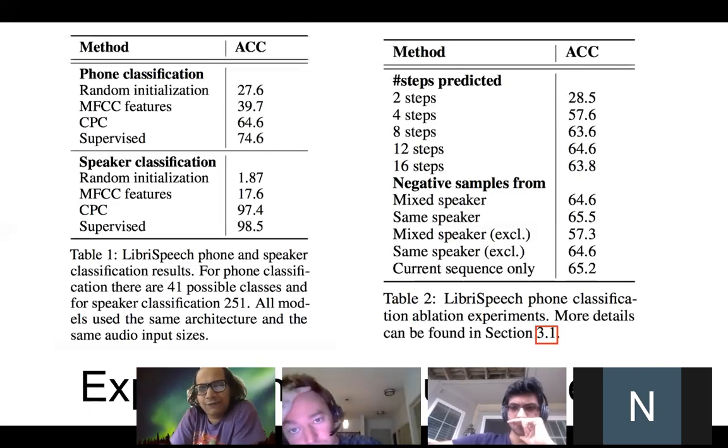And if they tried to predict 20 steps or 18 steps or 22 steps, then the problem would be very hard. So for having a good representation, we have to be in the middle. We have to have some trade-off. We don't need to make it too hard or too easy.